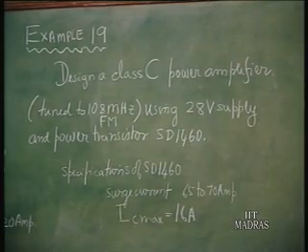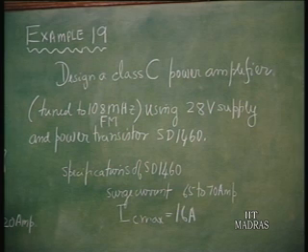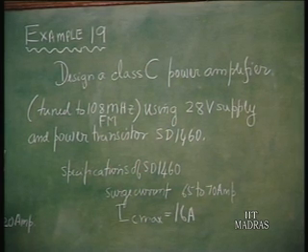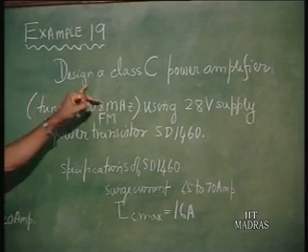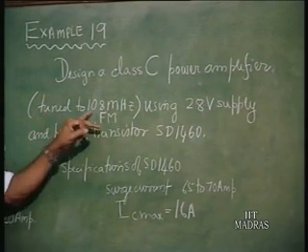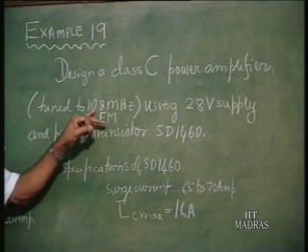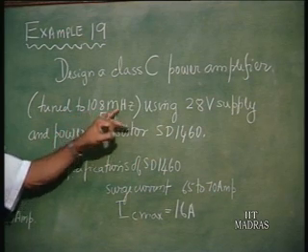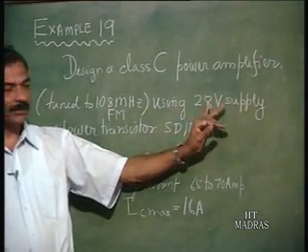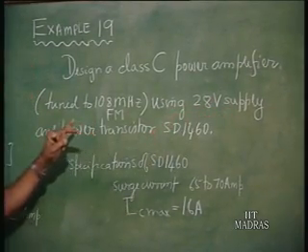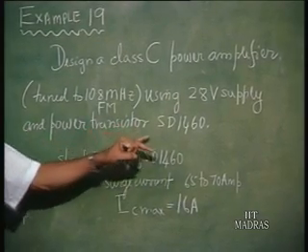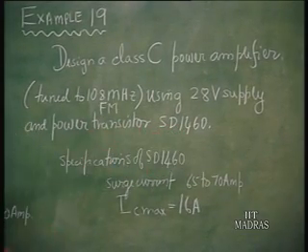Now that we have understood how class C power amplifier works, let us illustrate it by an example. Design a class C power amplifier. This is a typical design tuned to FM transmitter frequency 108 megahertz using 28 volts, typical supply used for this transistor power stages, and power transistor SD1460.